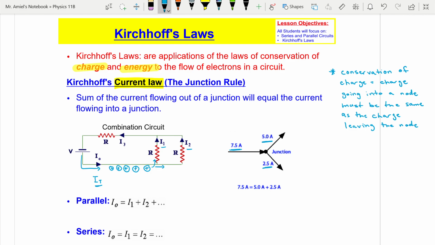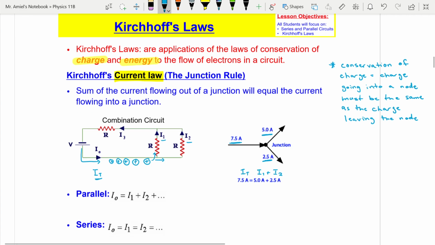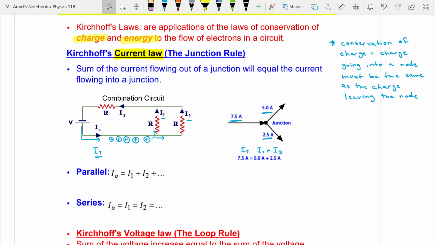Okay, but if we add them up, this is our I total, which has to be equal to our I1 plus our I2. So this is where we've got more than one path. This idea of the conservation of charge is where we've got more than one path.